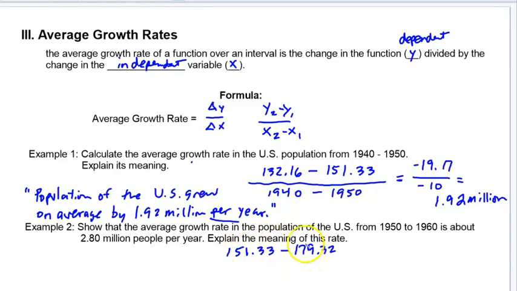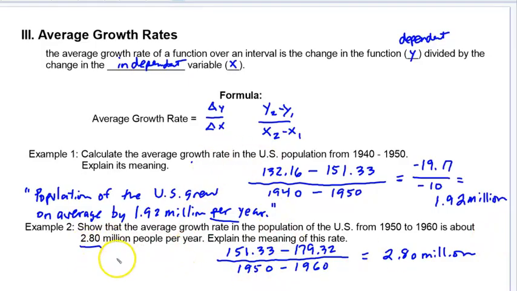So those are the dependent or the outputs, and divide by the independent or the inputs. Those are the years. And now we go to our calculator and we subtract, divide by -10. And sure enough, now we're going to get 2.79, but in rounded form, that's going to be 2.8 million. All right, so we're just basically using the formula to verify that this is accurate, and that checks.